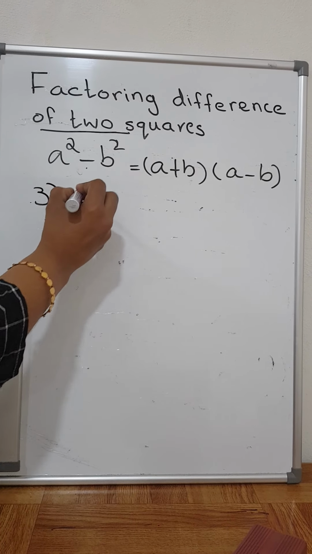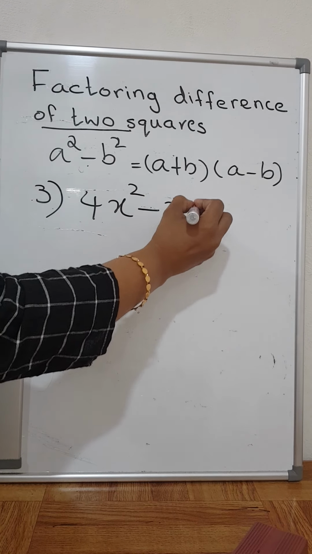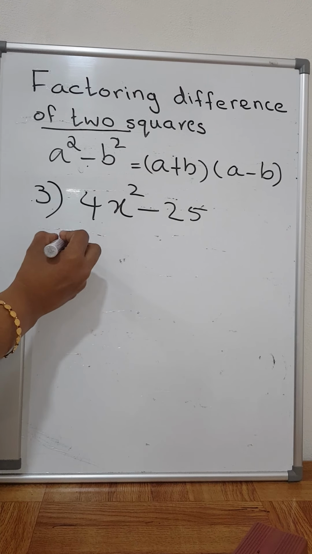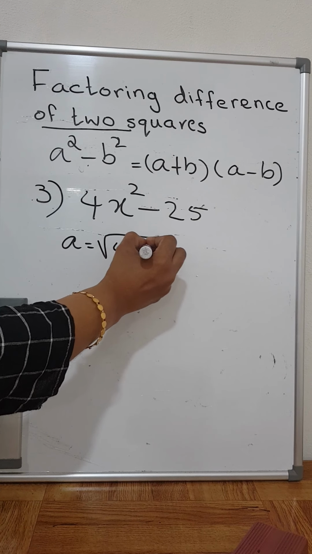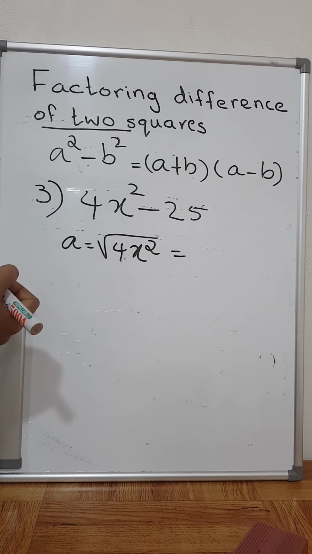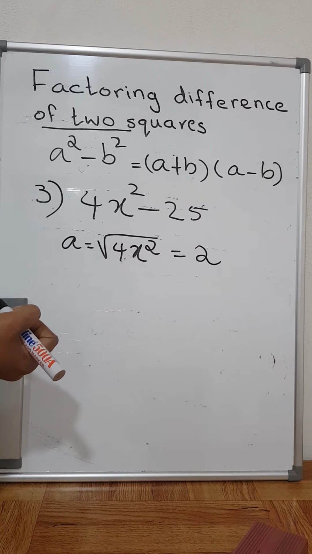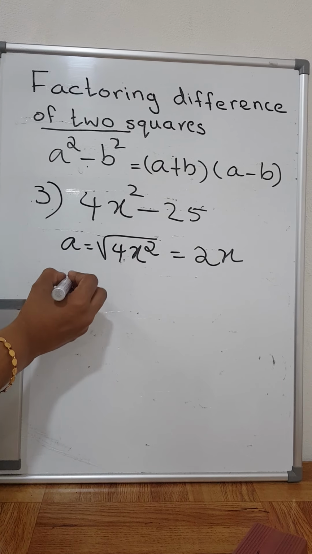Next one, 4x square minus 25. Here you see a square is 4x square, so a is root of 4x square. How much is root of 4x square? Root of 4 we know is 2, root of x square is x, so our a is 2x.